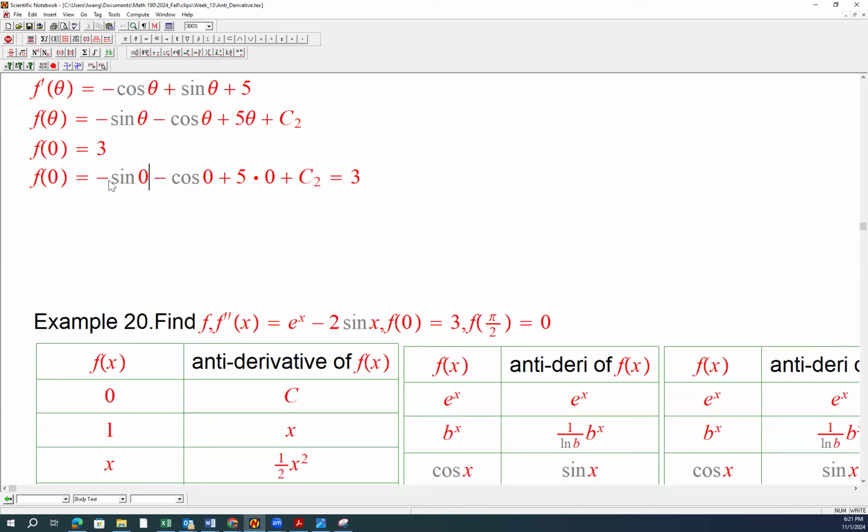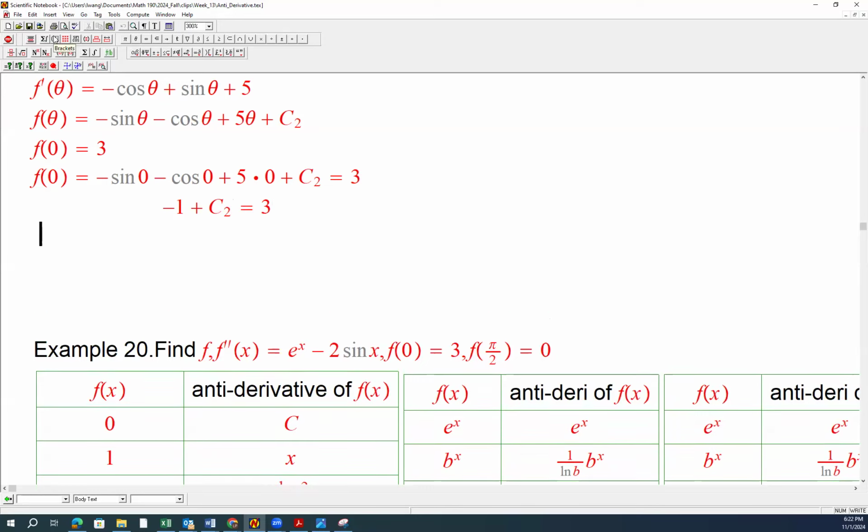Sine 0 equals 0, so this piece is 0, and negative cosine 0 is going to be negative 1. 5 times 0 is 0, plus C sub 2 equals 3. So in the end, C sub 2 is equal to 4. All right.